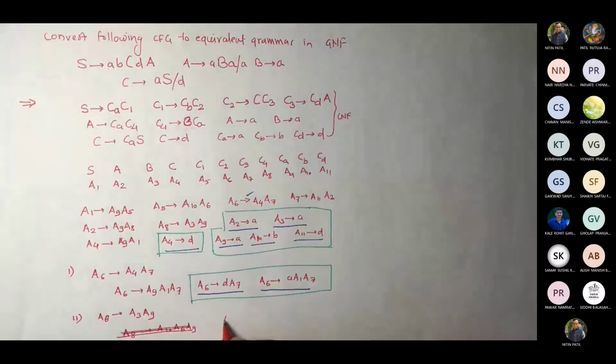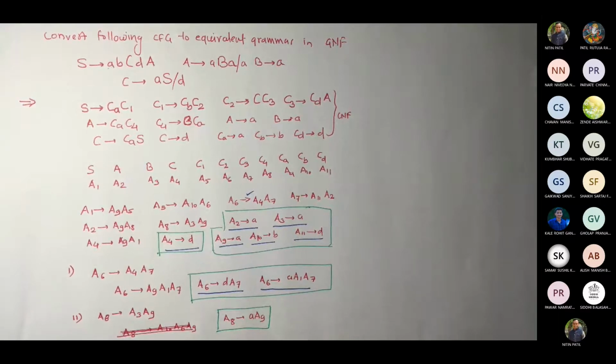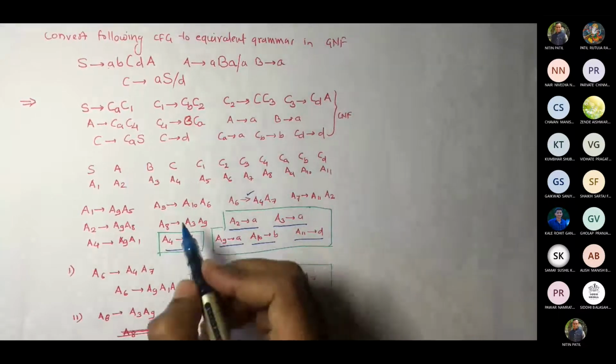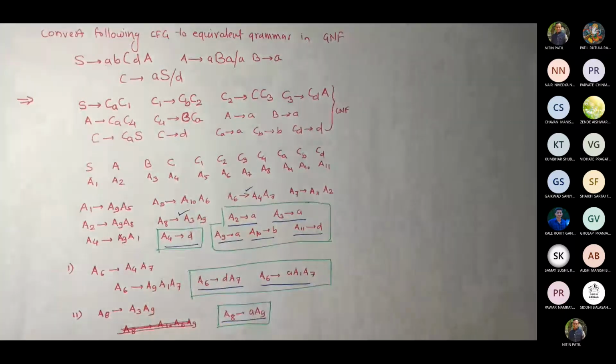You can directly put it there. So A8 gives A3 is what? A. Is it done? Yes, sir. This is also done. So we worked out A8. Now the remaining are pretty simple.